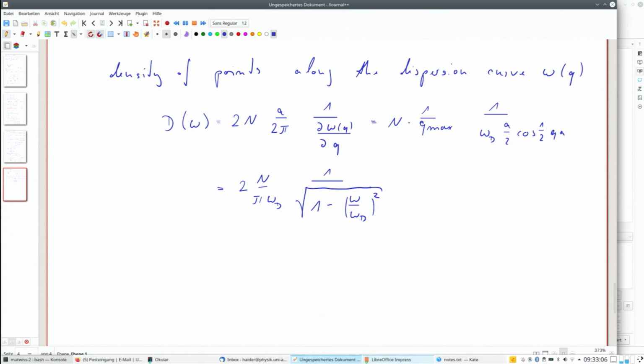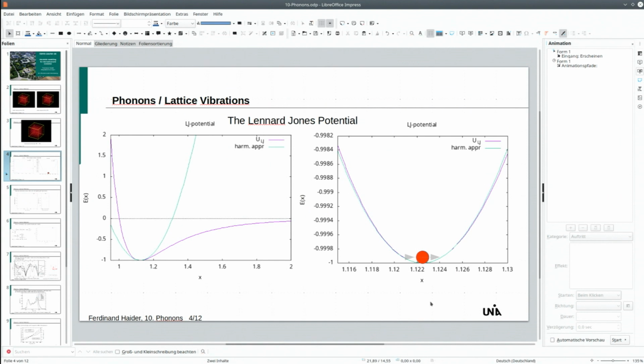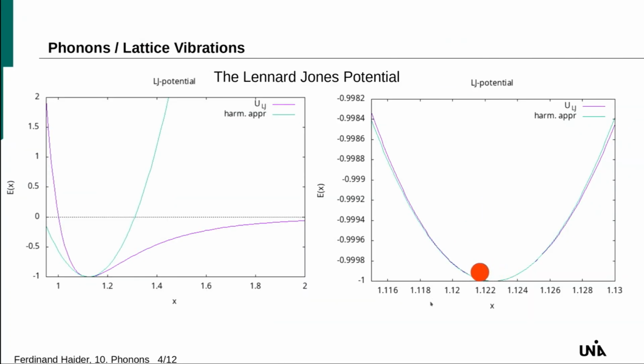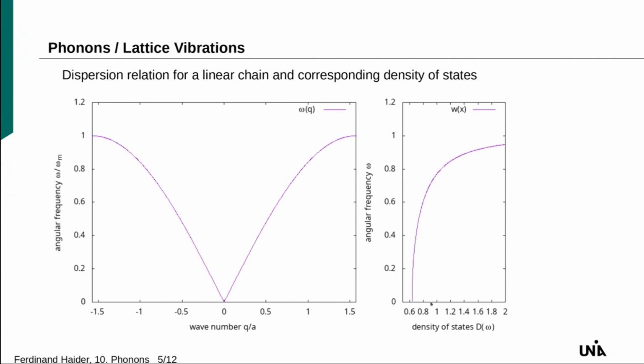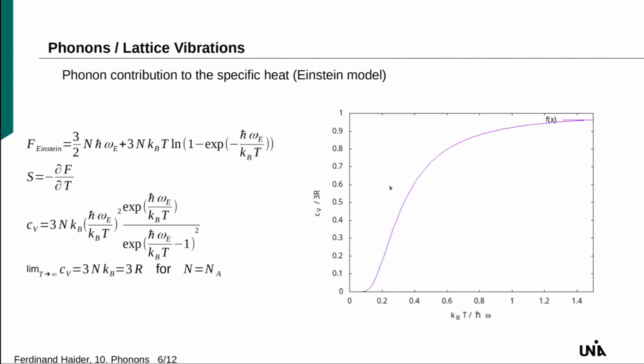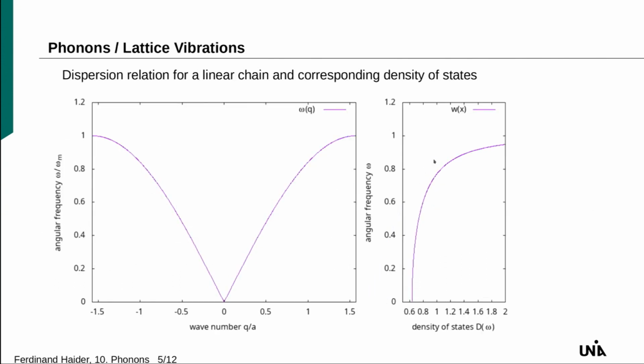I think I sketched it here on the next slide. Here you see this dispersion relation, a bit better sketched here. And here you see the density of states as a function of the frequency, again inverted. You see that the density of states diverges if you approach this maximum frequency here.